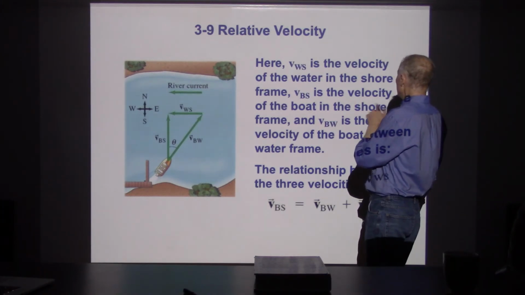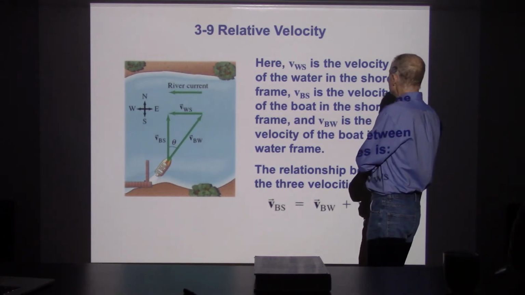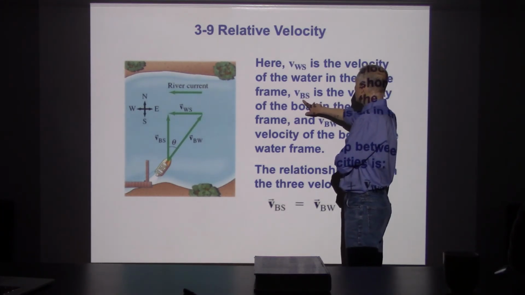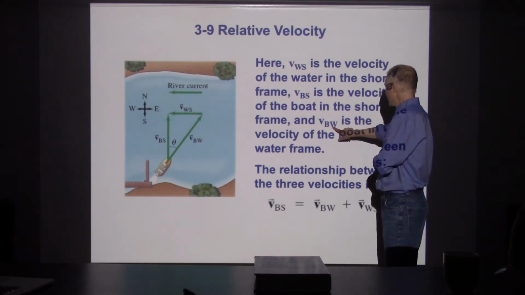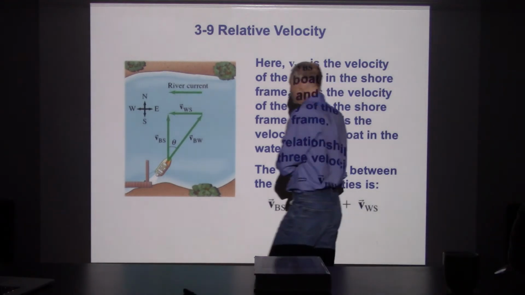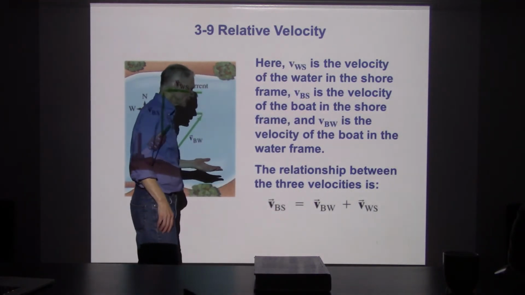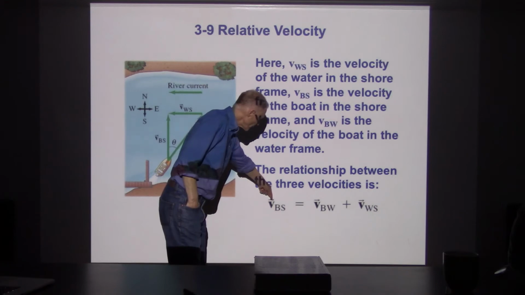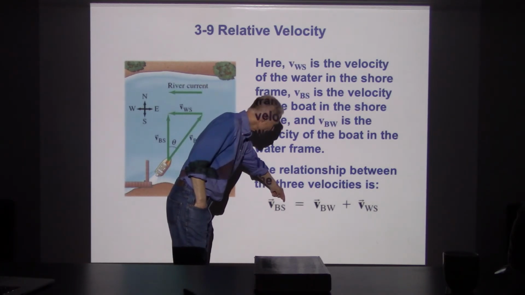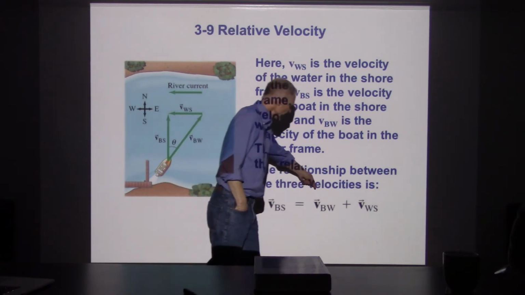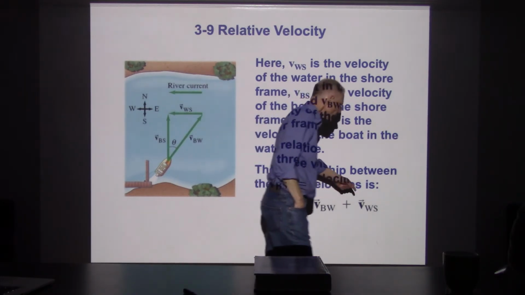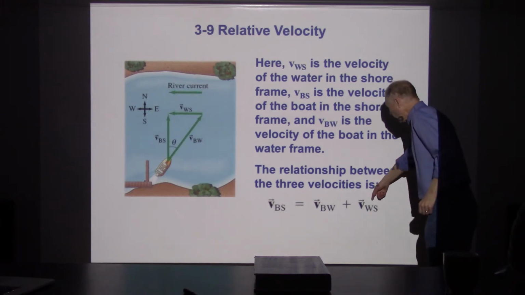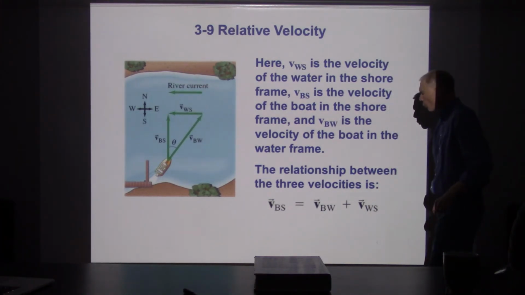And this is the speed of the boat with respect to the shore, and this is the boat with respect to the water. Now, the way we can write this in vector notation is that the velocity of the boat with respect to the shore can be written as the velocity of the boat with respect to the water plus the velocity of the water with respect to the shore.